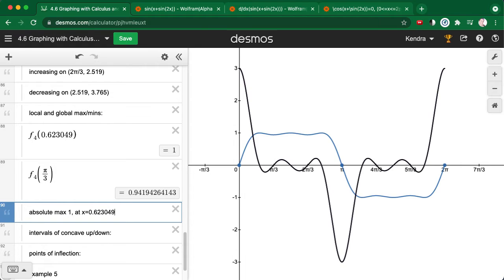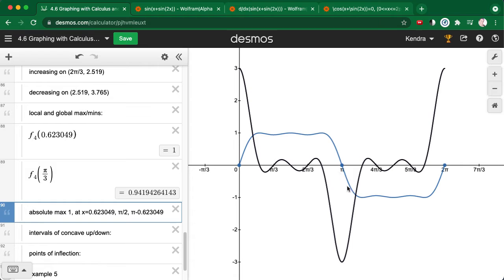0.623049 pi over 2. And you might notice that this hump here is basically pi minus that number. So I could say pi minus 0.623049.